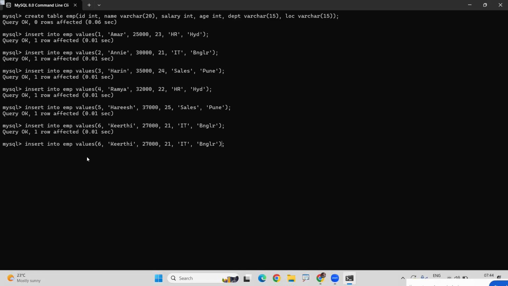We are inserting the records. For example, 7 records I have inserted.